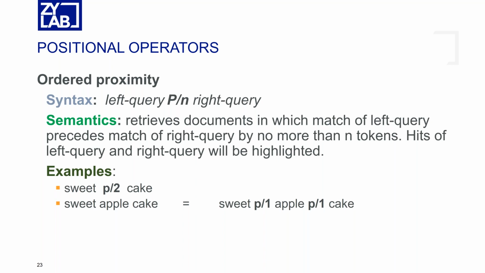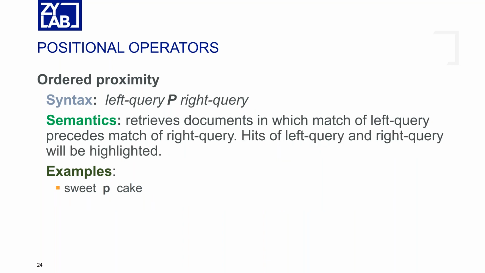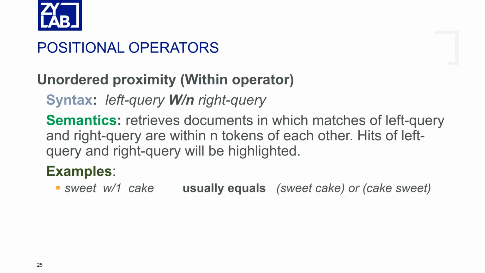And you can of course change the parameter. So you search for words that are in front of another word. It can be sometimes very useful. If you use just a P, it means sweet should be somewhere in the document in front of cake. Now, I personally use the unordered proximity operator, the within operator, often.